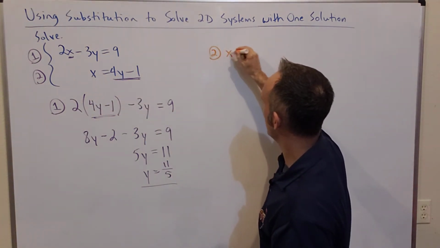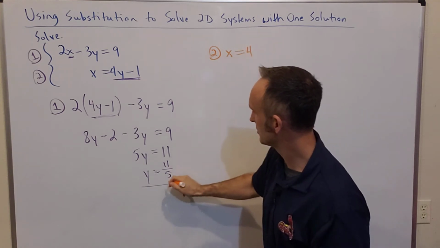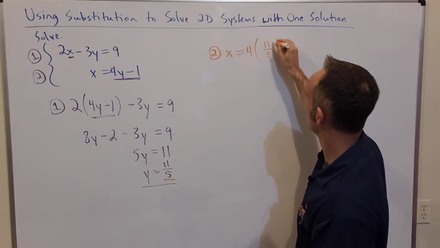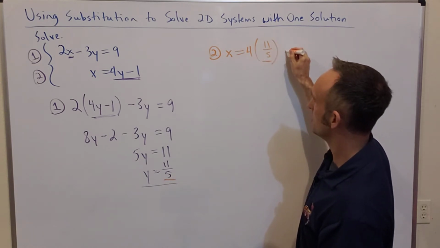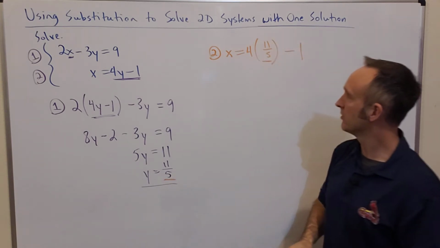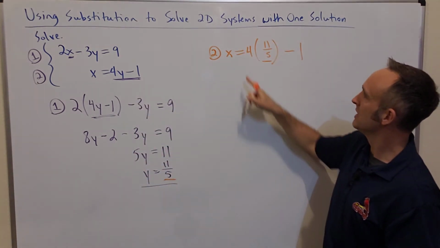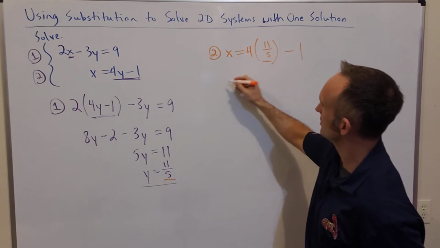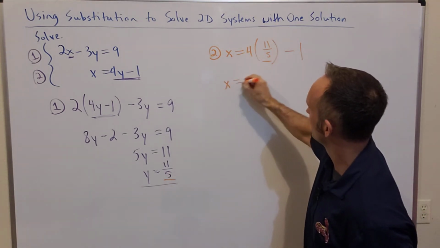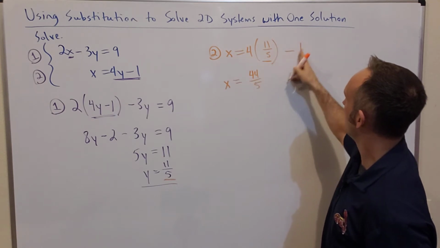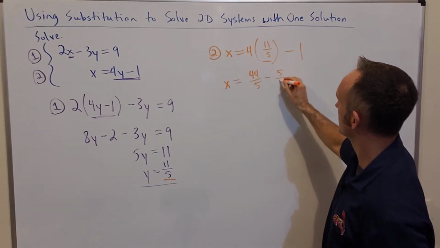Because equation 2 already has x by itself, I can plug it in, and it's going to turn into x equals 4 times y, which is 11/5, minus 1, okay? So I just substituted our y value back into equation 2, and now all I have to do is calculate this number to get x. So this is 44/5 minus 1, which is 5/5.